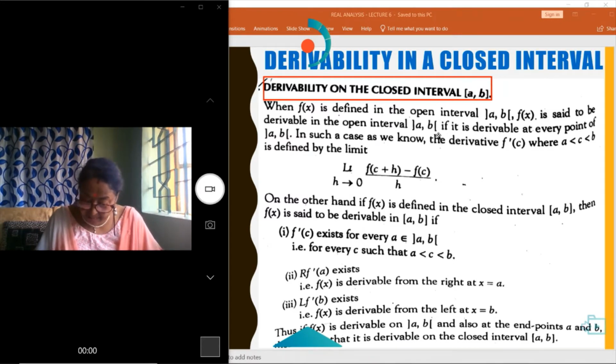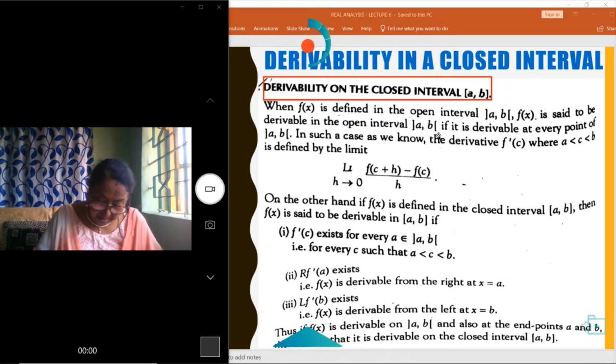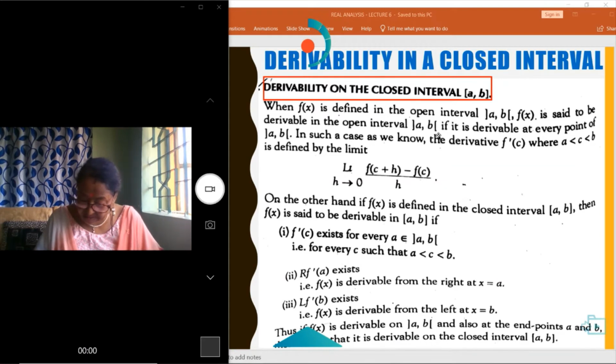On the other hand, if f(x) is defined on the closed interval [a, b], then f(x) is said to be derivable in the closed interval [a, b] if f dash c exists for every value of c belonging to the open interval (a, b), and the right hand limit exists and the left hand limit exists at the end points.